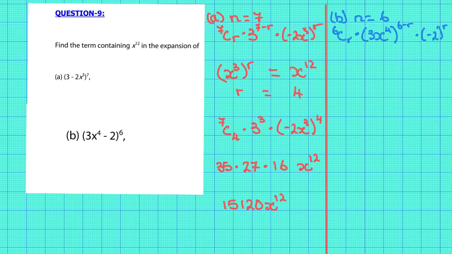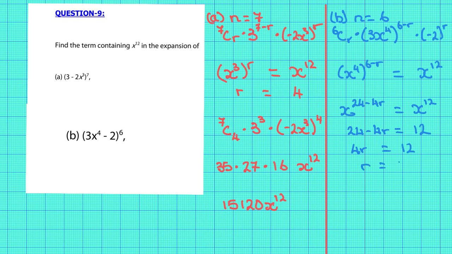Therefore we get x to the power of 4 raised to 6 minus r must equal x to the power of 12. Multiplying out, we get x to the power of 24 minus 4r is equal to x to the power of 12. So 24 minus 4r equals 12. So 4r equals 12, r equals 3.